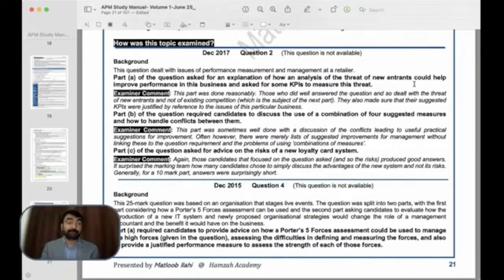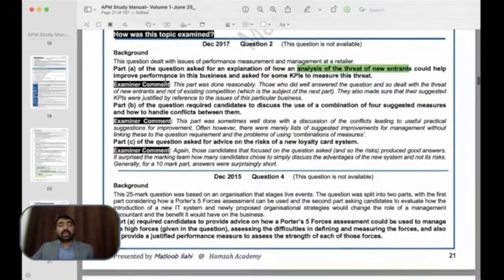You can see how this question has been set. The question is only based on analysis of threat of new entrants and how it could help improve performance in this business. And if we look at the examiner comments, this part was done reasonably.